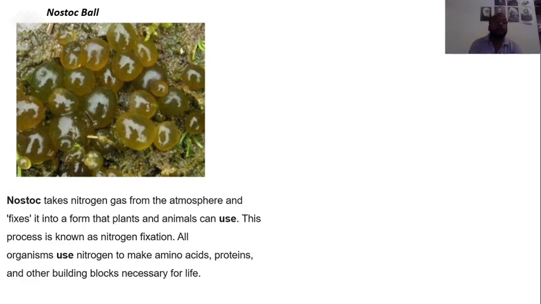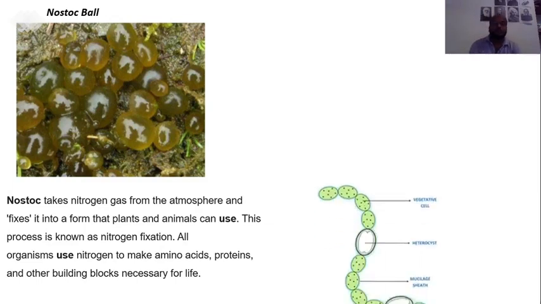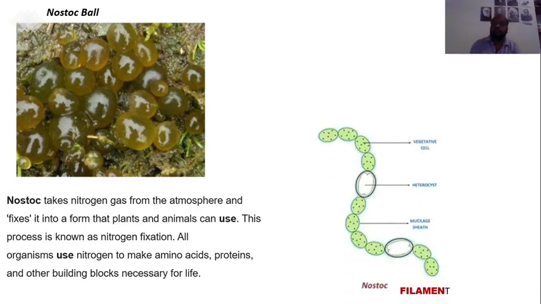The nif gene is found in the cell of the heterocyst of the nostoc, and therefore it easily fixes the nitrogen, and it makes the amino acids, protein and other building blocks necessary for life. So this is the structure of the nostoc. This is a filament, the vegetative cell, the heterocyst is there. The colorless heterocyst is important for nitrogen fixation.